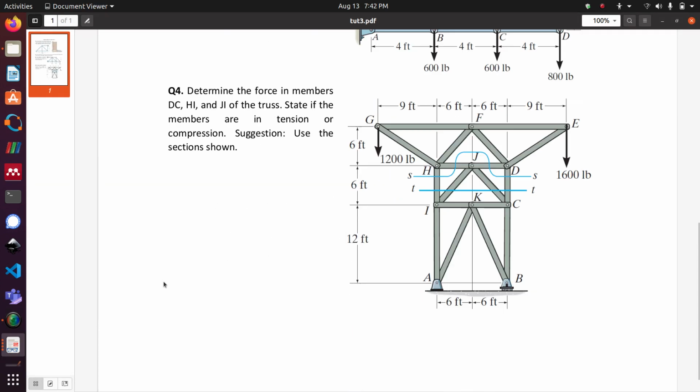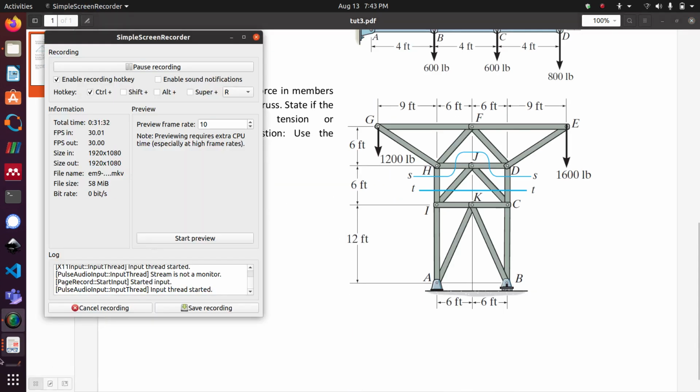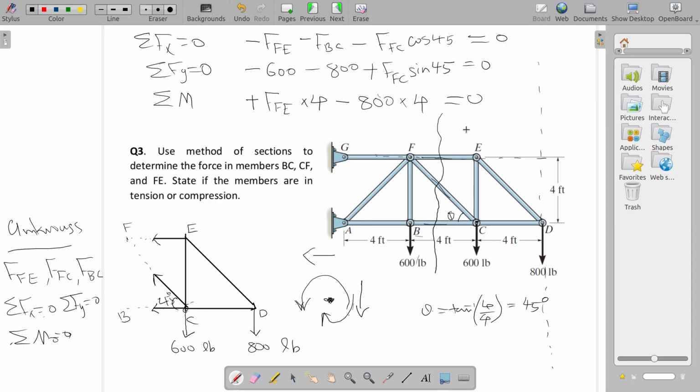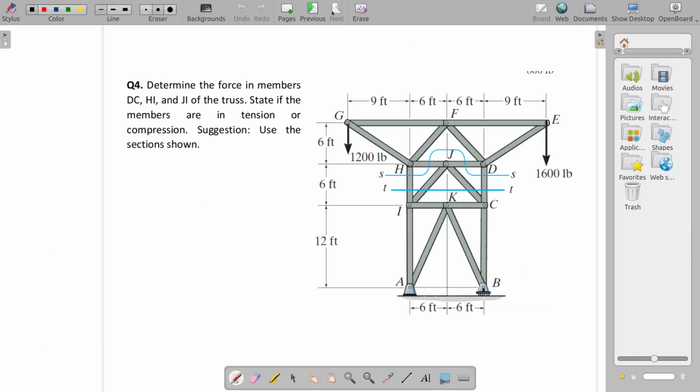Now the last question. Determine the forces in members DC, HI and JI of the truss. State if the members are in tension or compression, and there is a suggestion here.